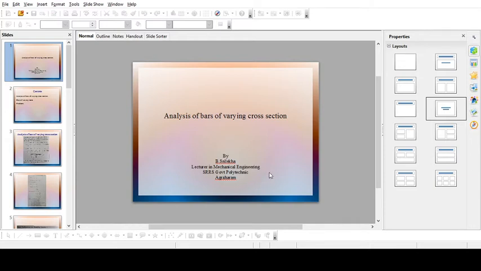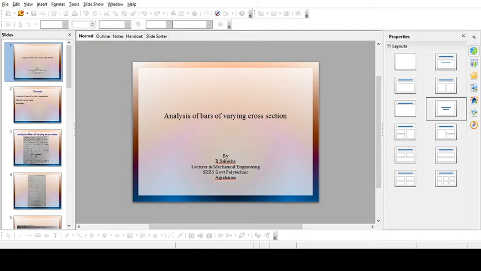So if the load is a varying one, we have to take this. Likewise we will be calculating the solutions for the varying loads.